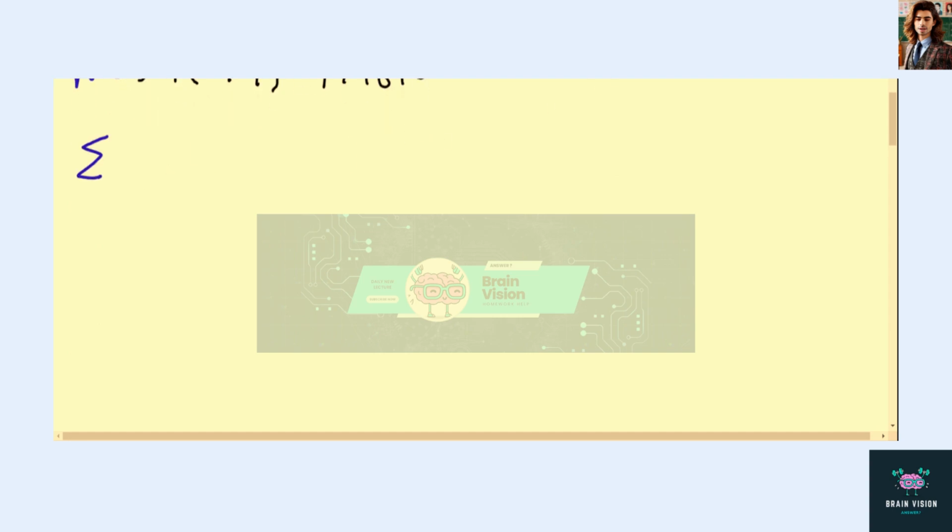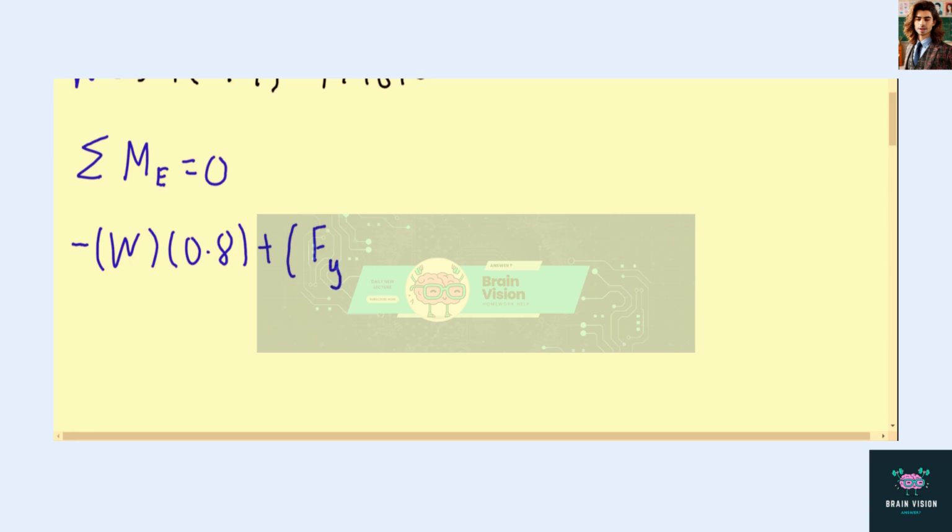The sum of moments about the point E is equal to 0, and the formula is negative W times 0.8 plus F of Y, the Y component of the force at the point F, times 1.6 equal to 0.